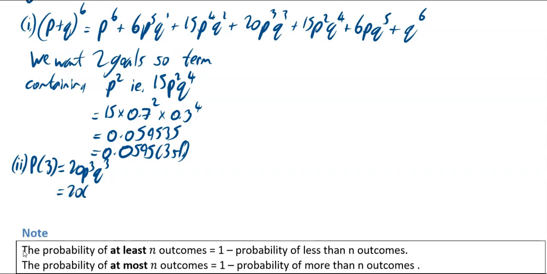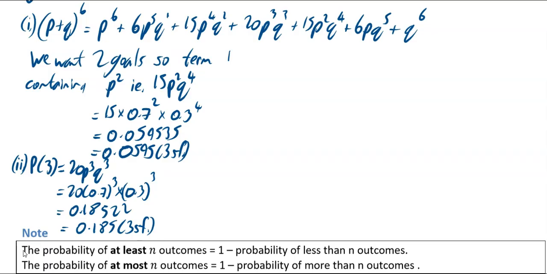And if you do that out again, that's 20 times 0.7 cubed times 0.3 cubed. And you do that on your calculator, you'll get 0.18522, which is 0.185 to 3 sig figs.